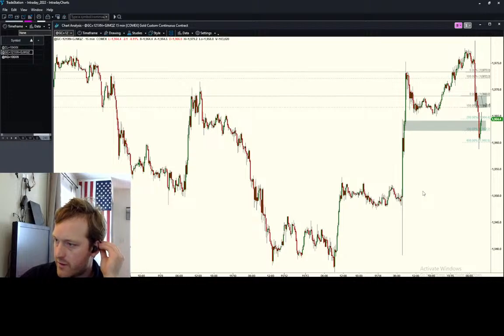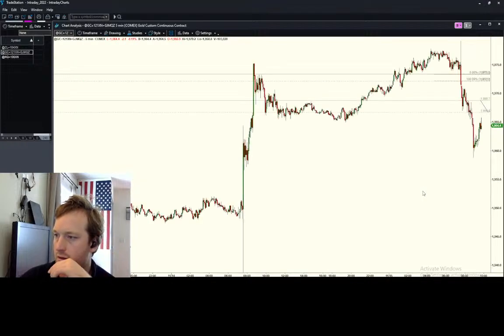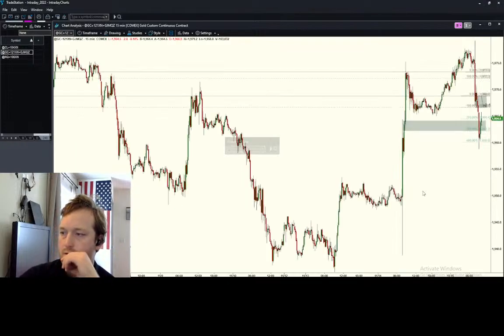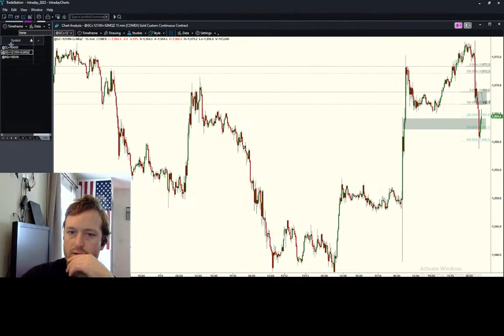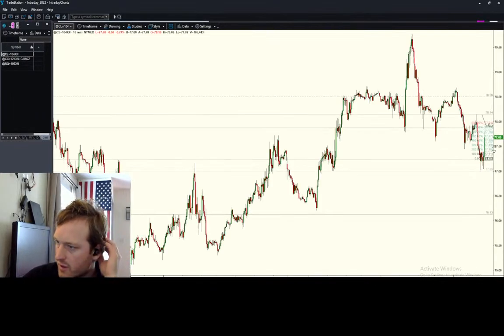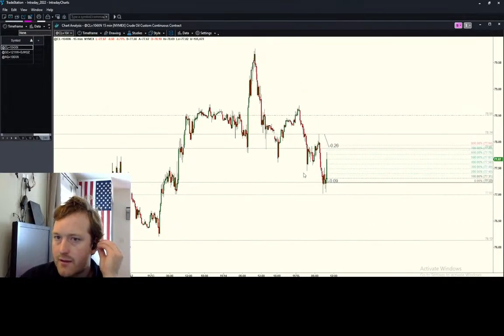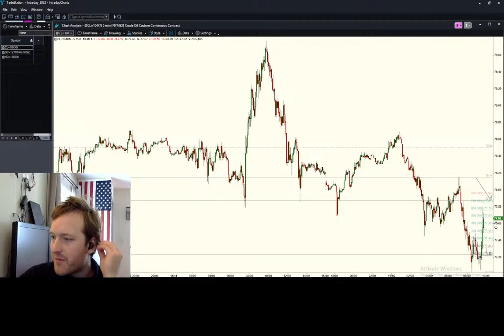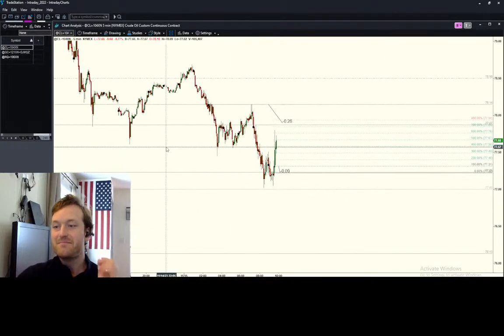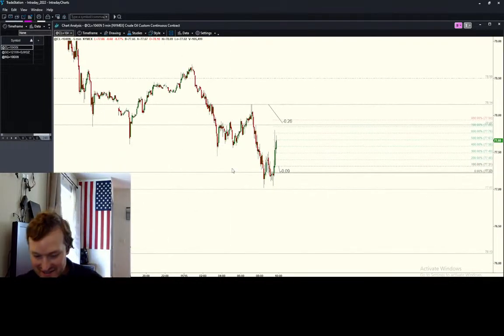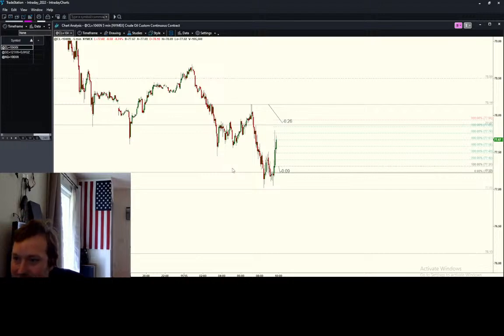Gold's turning before my entry, unfortunately. That sucks. I'm gonna leave the target, leave the entry on though. Oh boy, oil. Okay, so oil looks like it wants to break the high. I'd be impressed if that happens.